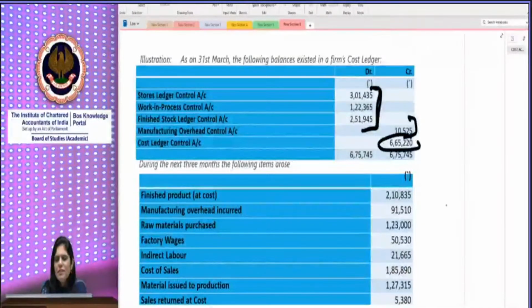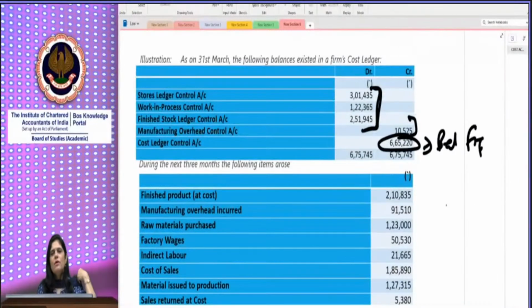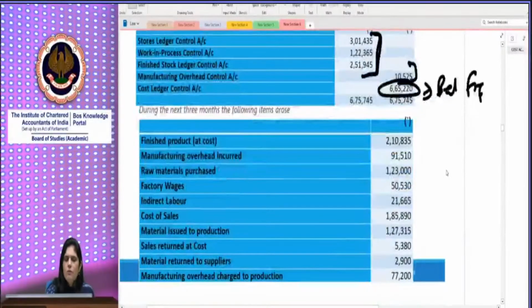So cost ledger control account will always be the balancing figure. All right. So it has to tally. So all your balances will tally with the cost ledger control account. So it will basically bridge the gap between debit and credit. It is only passed to make the double entry, right? So please make all the 5 accounts, all the 3 control accounts, and just post the balances.